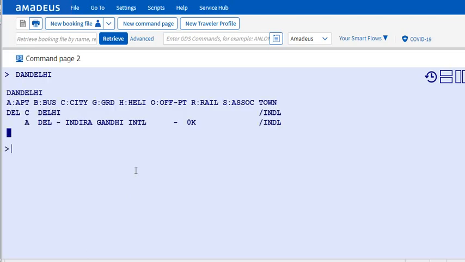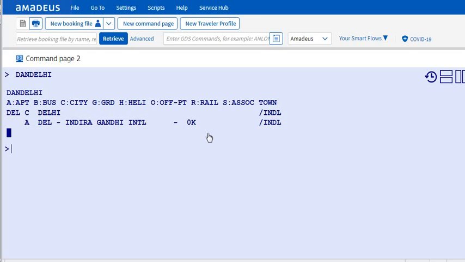Delhi has a city code. C stands for a city, and DEL is the city code, and it has only one airport. That's why the airport code and the city code remain the same, and it is in India. IN stands for India, DL stands for Delhi, and this particular airport, Indira Gandhi International Airport, is within the city. That's why it's showing 0 kilometers.